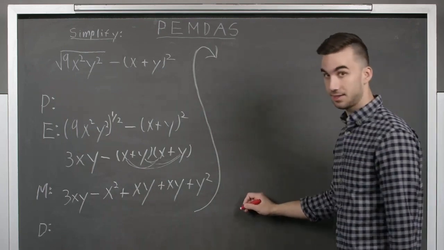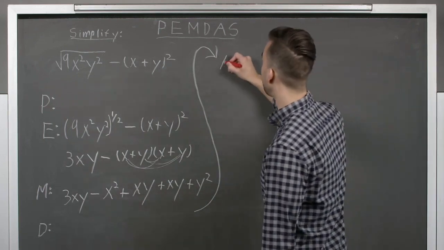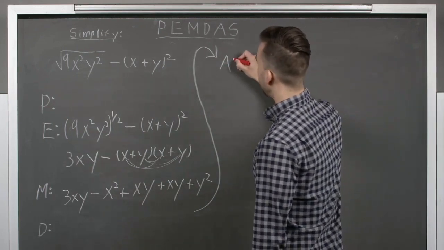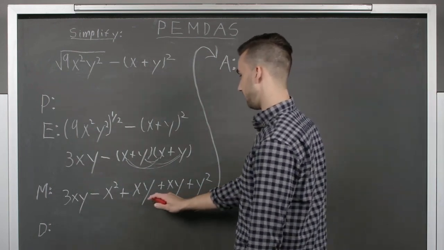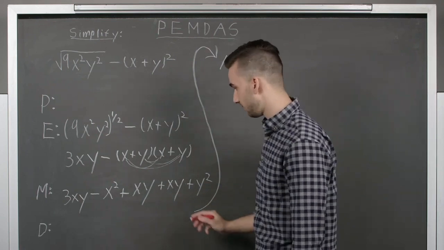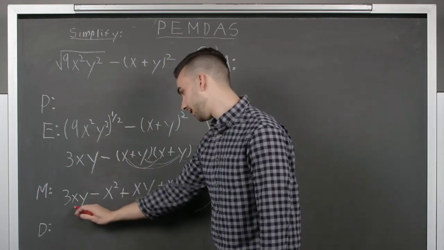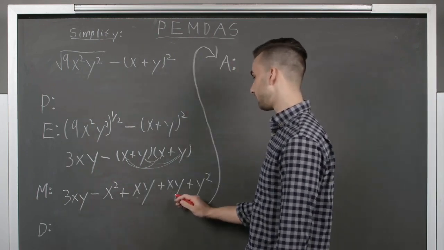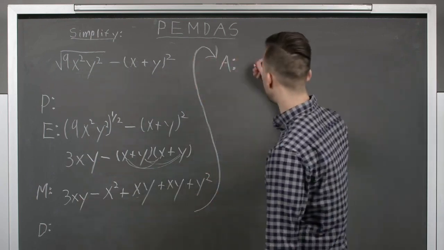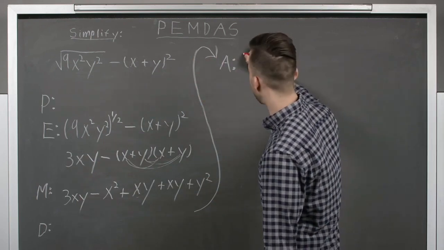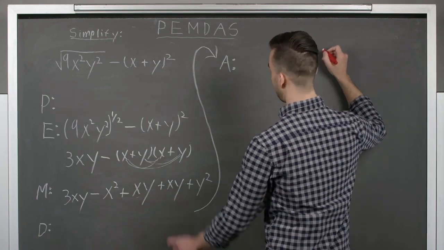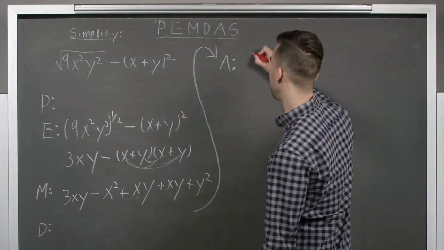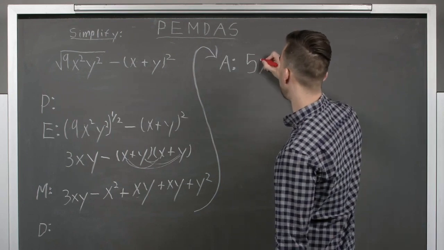Let's do our addition step. Is there any addition we can do? Yes, we can combine some like terms. So if you'll notice, we have xy's. We have 3xy plus xy plus xy. So if we combine those, that gives us 5xy, right?